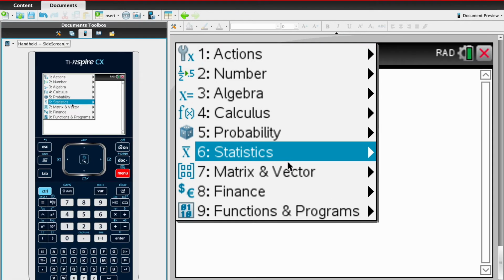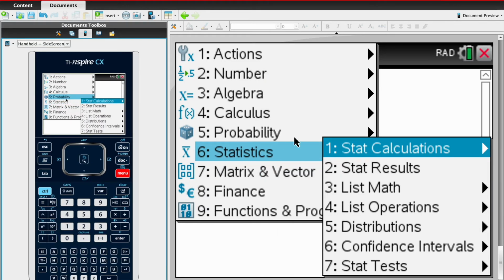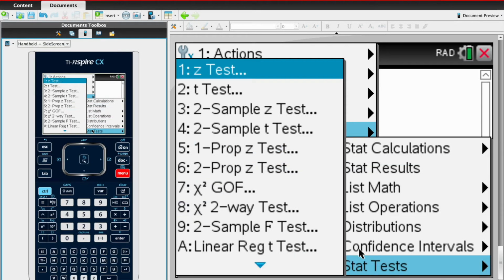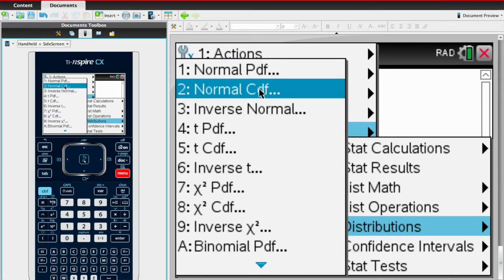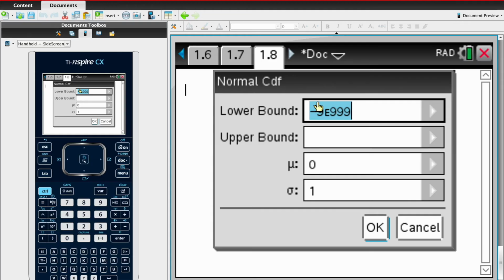Menu, statistics, stat test, distributions, NormCdf. Lower bound, we can keep it even though someone can't travel negative kilometers in this case. Our upper bound would be 72. Our mean is 67.3. And our standard deviation is 4.2.